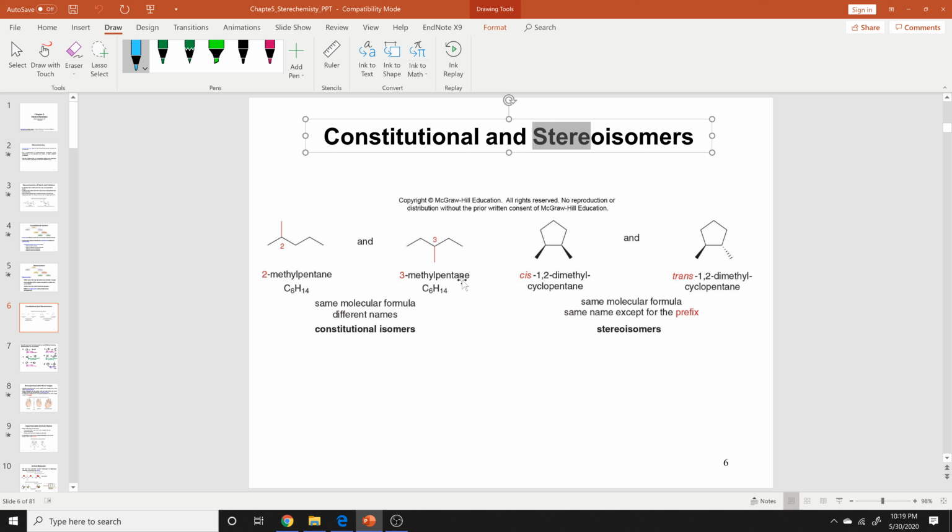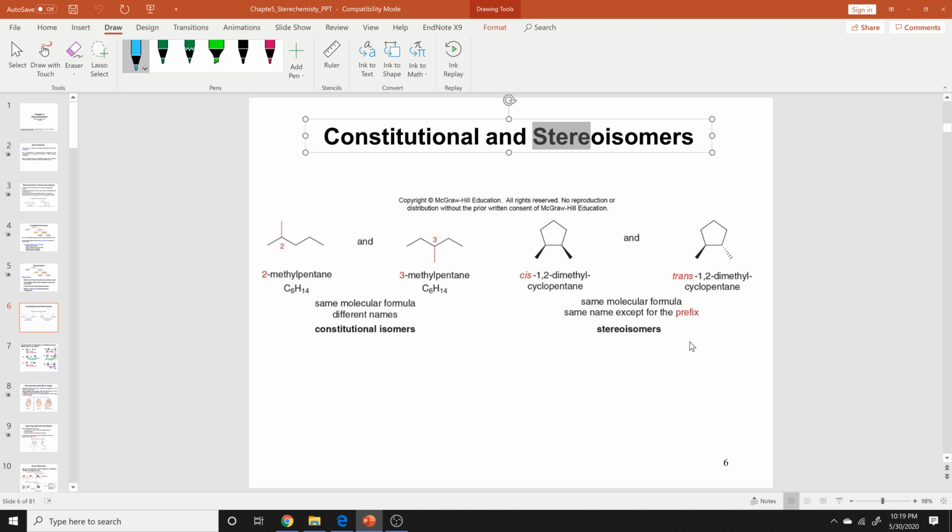2-methylpentane and 3-methylpentane have the same molecular formula but different connectivity of atoms. This is why they are called constitutional isomers. On the other hand, stereoisomers come in different types. One of the types of stereoisomers is the cis and the trans.